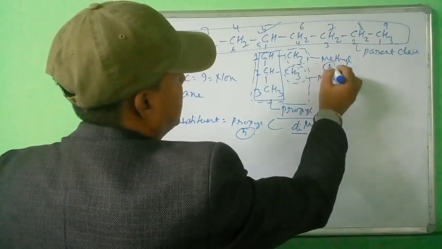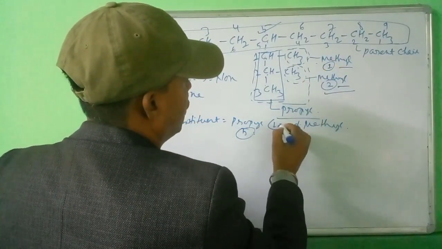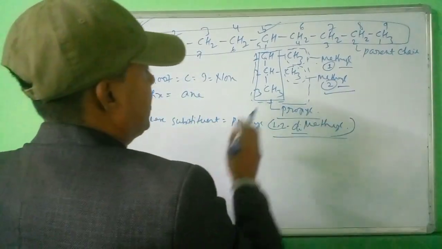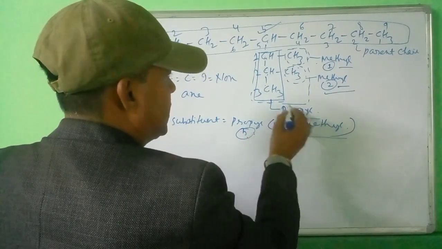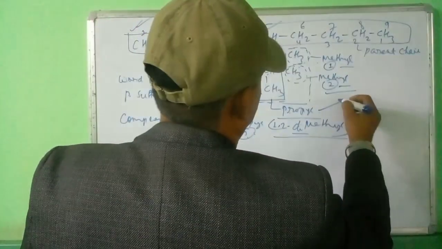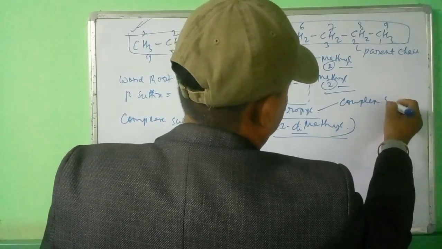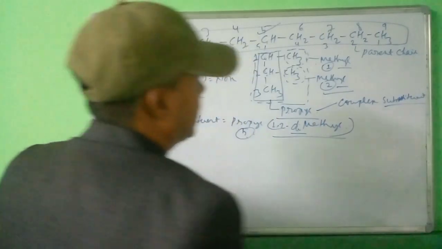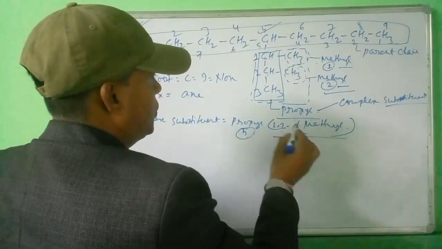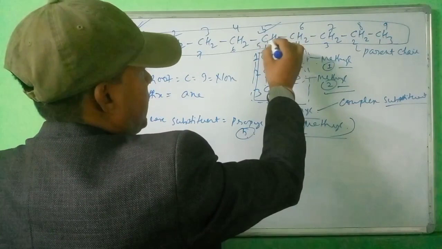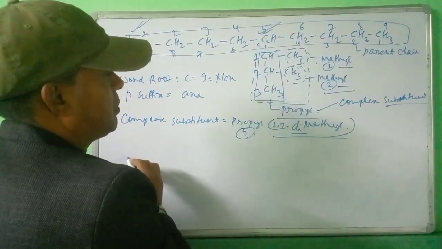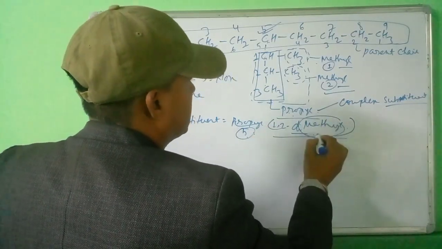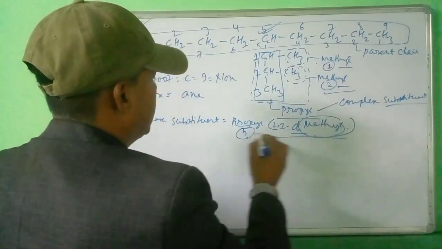And the position of the methyl in the propyl is 1, 2 dash, 1,2-dimethyl. So this way we have to write. Now the position of this complex substituent: the position of the propyl in the parent, fifth position, is written outside the bracket, while this term with the other substituted alkyl group is written inside the bracket.